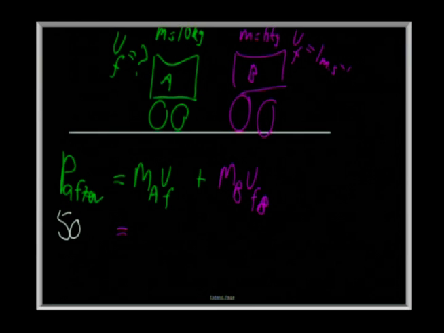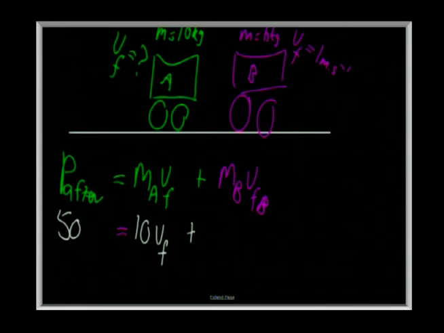We know the mass is 10. We know the final velocity is V, plus we know the mass of this one is 6, and its velocity was 1.